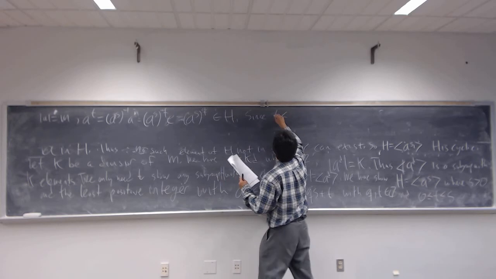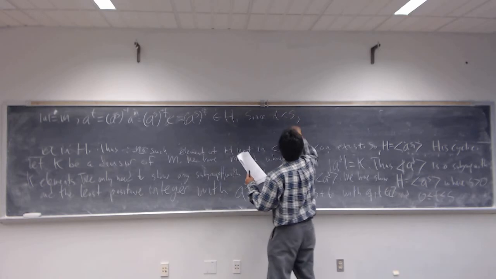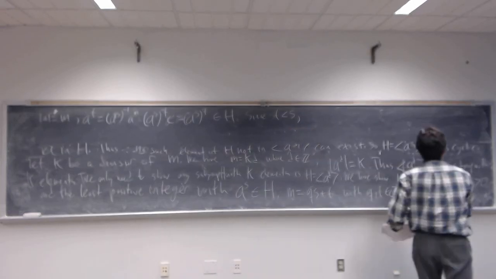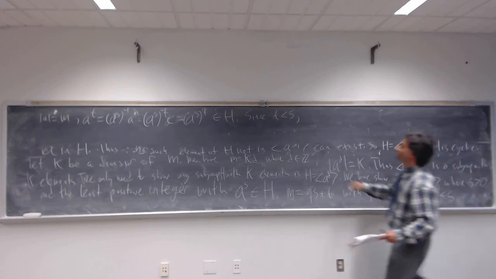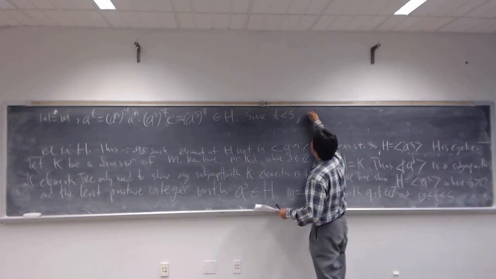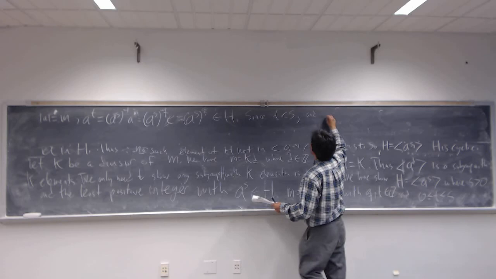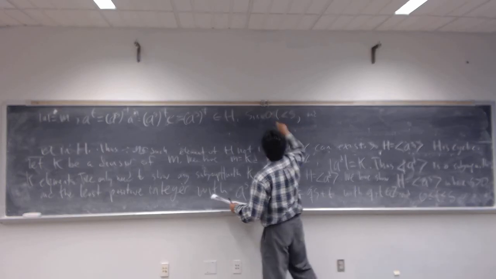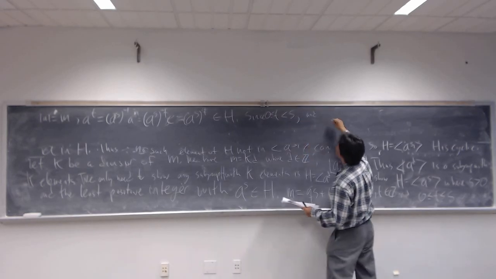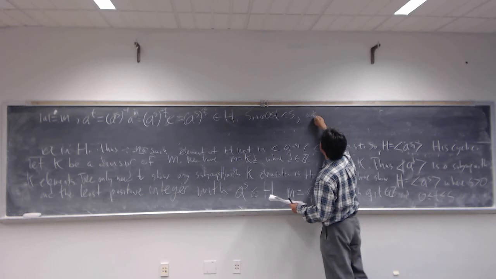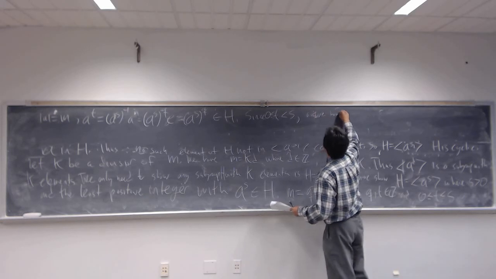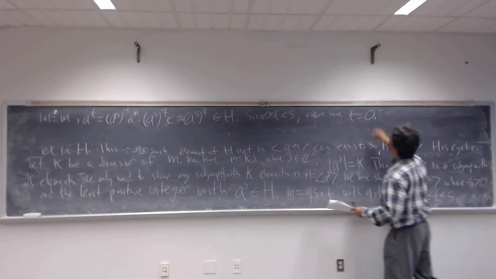But since T is less than S, it can't be a positive number, right? S is the least positive number. So it's greater than or equal to 0, but if it's less than S, it can't be positive, so T would have to equal 0.